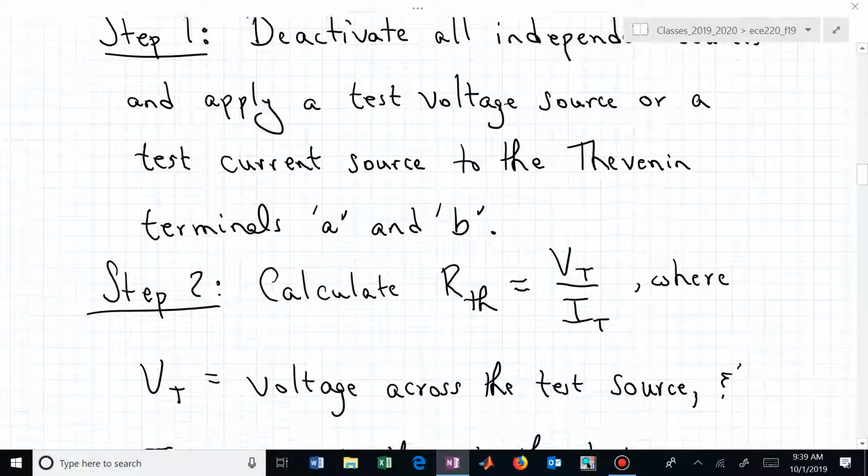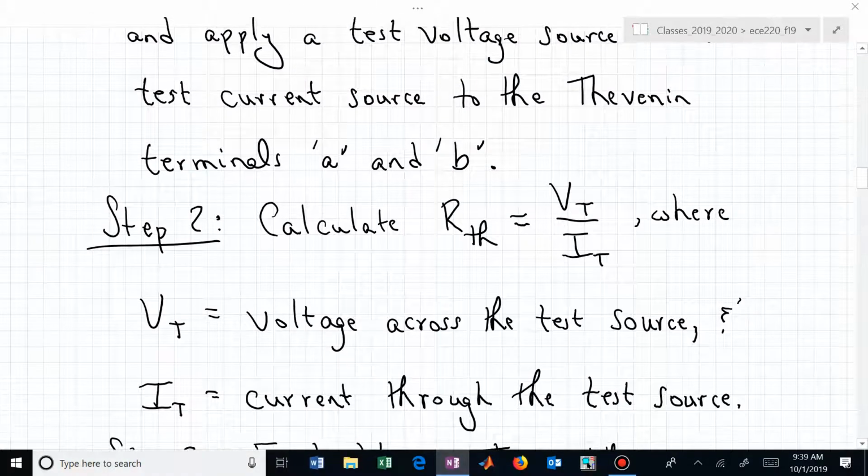Let's say we apply a 1 volt test voltage source. Then we measure or calculate IT, and then we can compute our Thevenin from that test source relationship. Our R Thevenin is now VT over IT. If we had applied a test current, IT would be 1, and we would calculate what VT is and take that over IT to obtain our Thevenin.